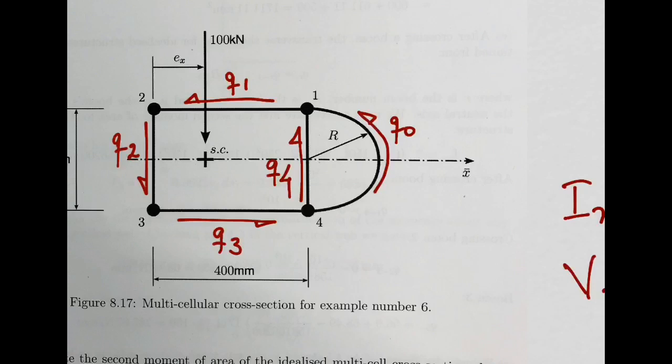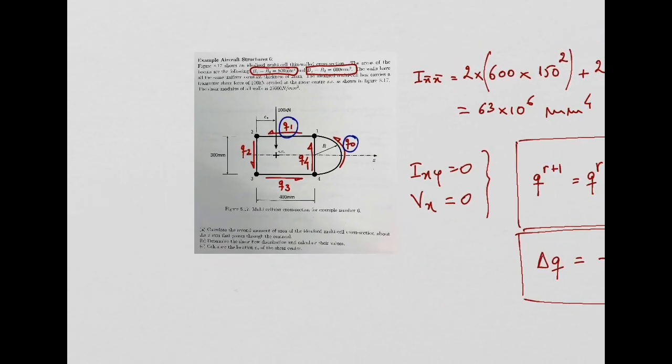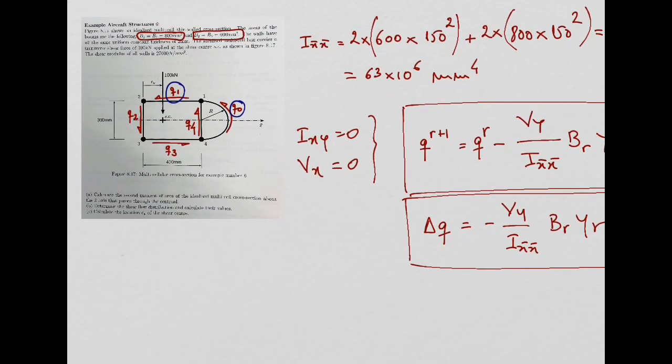So let's say for cell number 1, I'm going to say Q1 is the shear flow that is given. And for cell number 2 it is going to be Q0, all right? So we have one shear flow per cell that we assume we know already. Remember when we did the open cross sections?